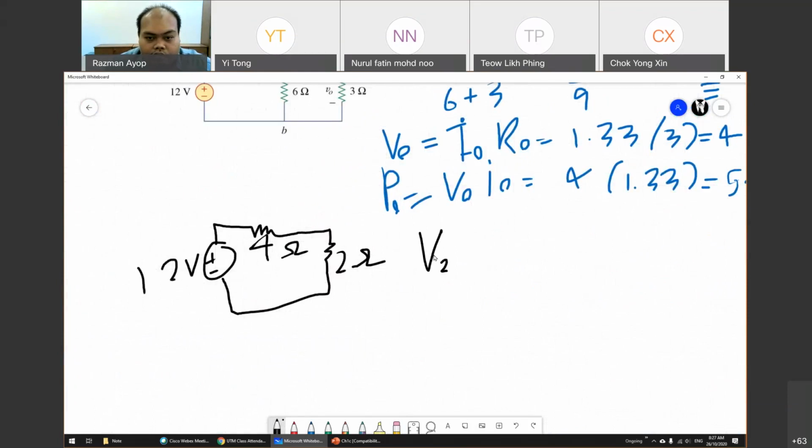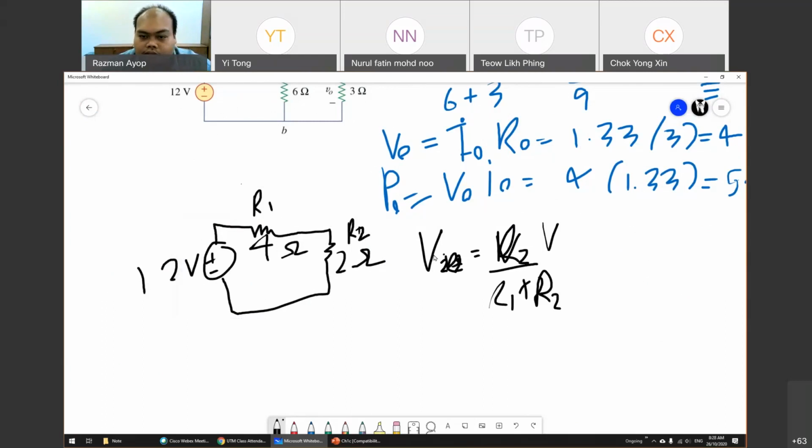So V across the 2 ohm equals V R2 divided by R1 plus R2, where this one is R1 and this is R2.